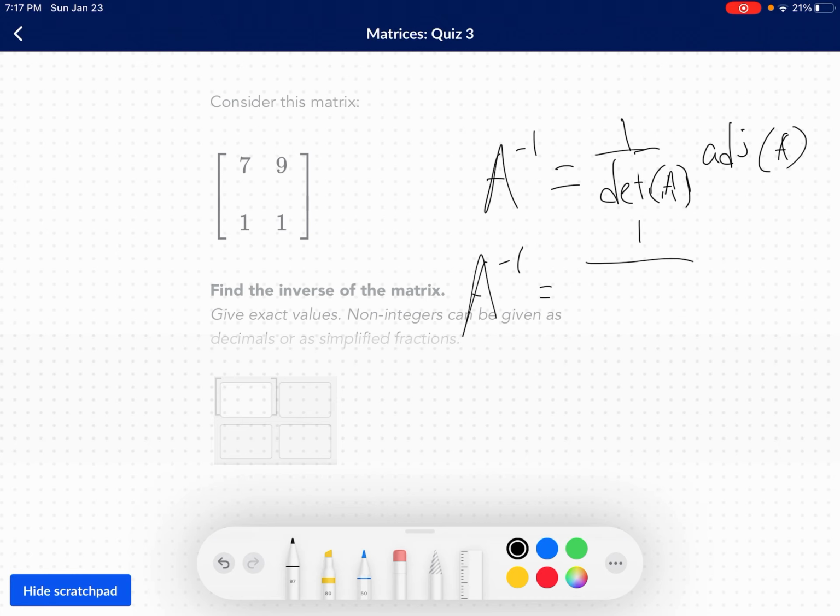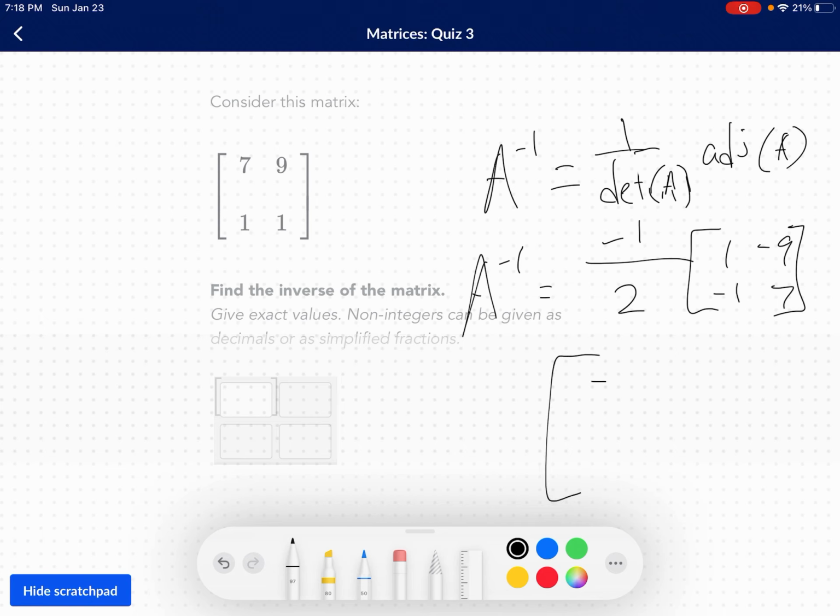So 7 times 1 is 7, minus 9 times 1, that's -2. So -1 over 2. And the adjoint of A, you swap A and D, and you negate B and C, so you get that. And you just multiply it out. So 1 times -1 is just -1.